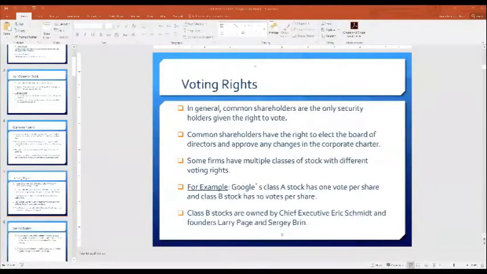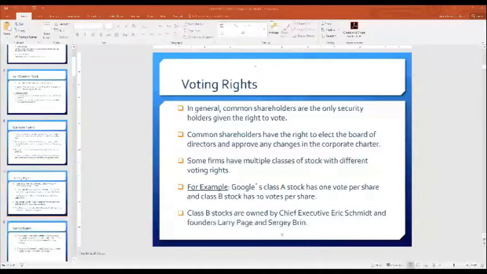So ibig sabihin, si Class A, meron siyang boto depende sa number of shares na meron siya. Okay? Si Class B naman, for every share, ang equivalent nun ay 10 votes. So this policy is being modified by the organization or by the board of directors.